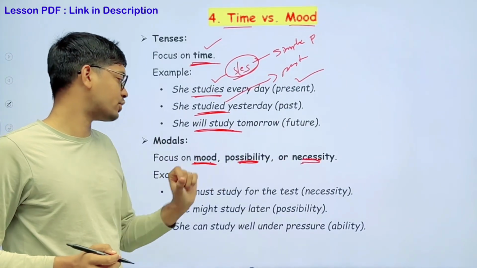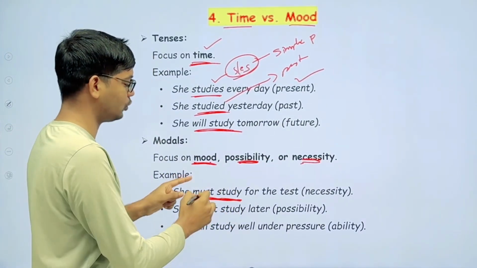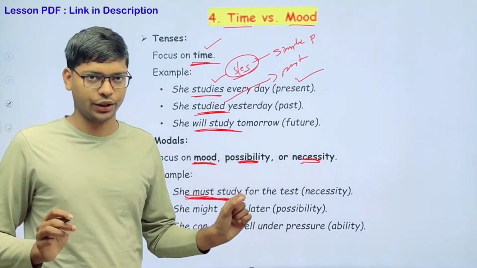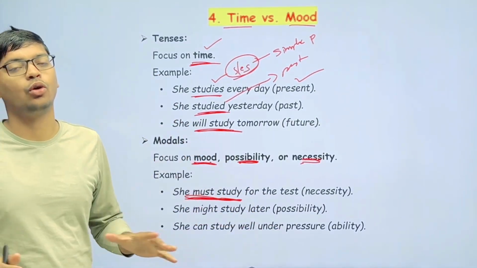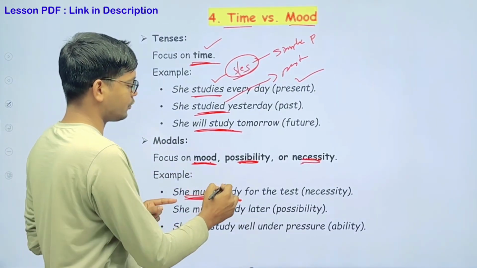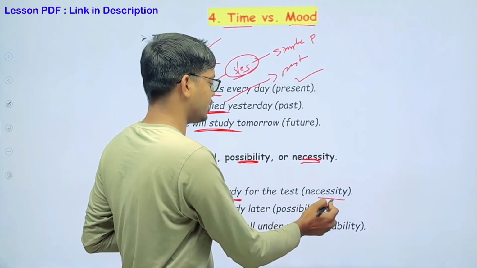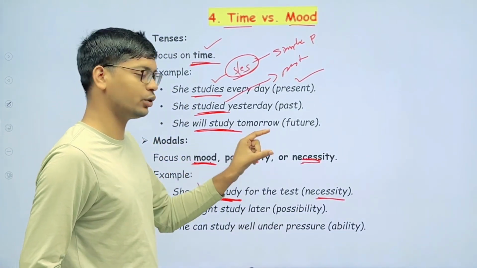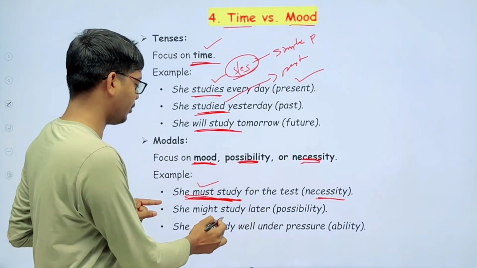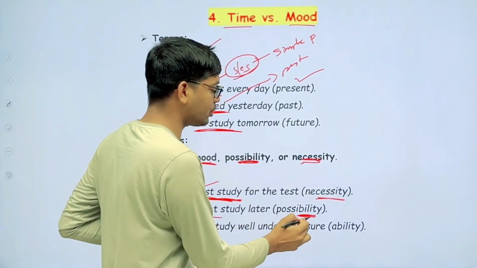Next, modals focus on mood, possibility, or necessity. Example: she must study. I already told you that modals always take the first form of the verb, so here must plus the first form of the verb shows necessity. She must study for the test. Next, she might study later; here might shows possibility.